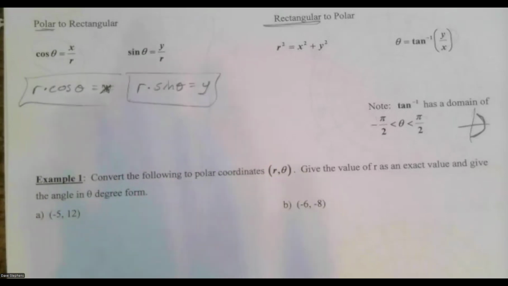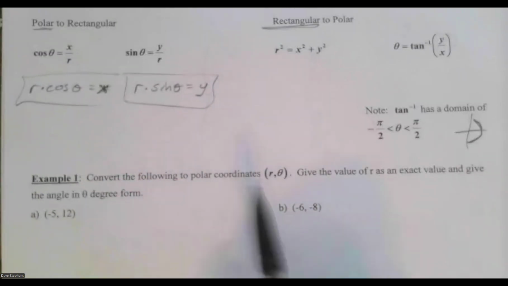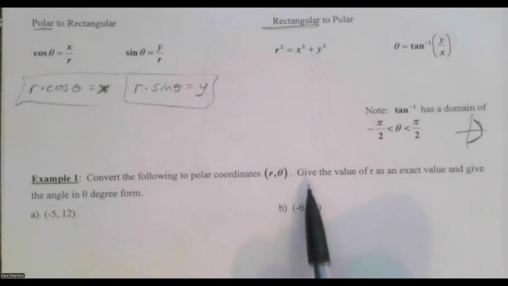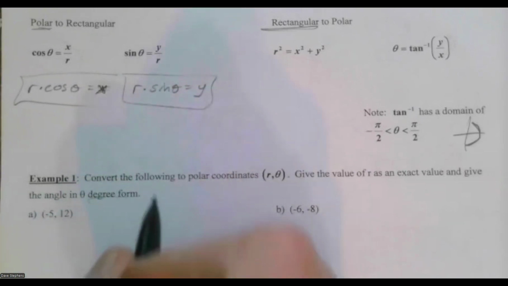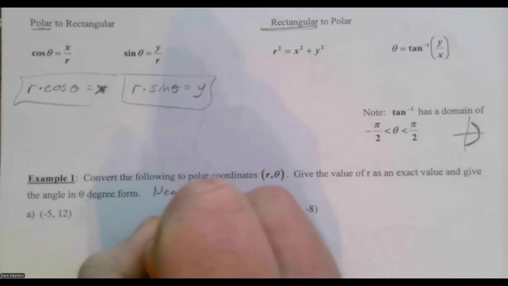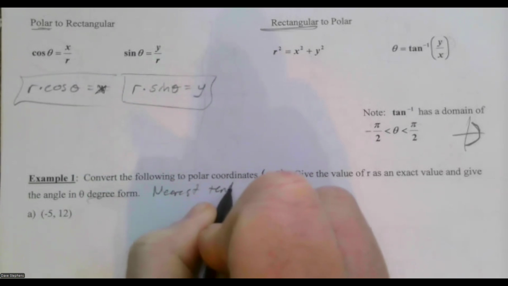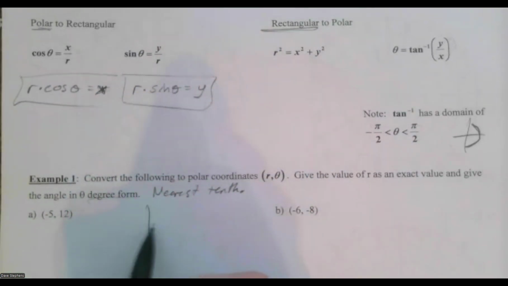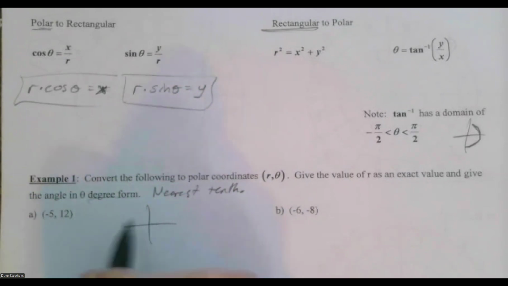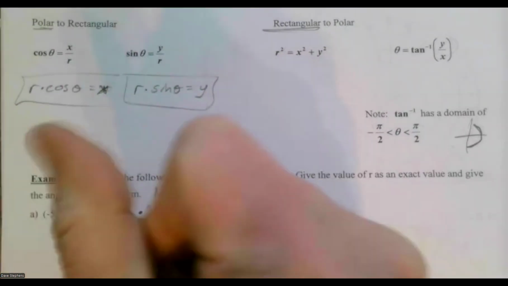All right, so let's convert these. Convert the following to polar coordinates, r comma theta. Give the value of r as an exact value and give the angle theta in degree form. I'm probably going to say to the nearest tenth, just to be safe. All right, so we have negative 5, 12. And I look at that, negative 5, 12. That's going to be somewhere up here in the second quadrant, right?